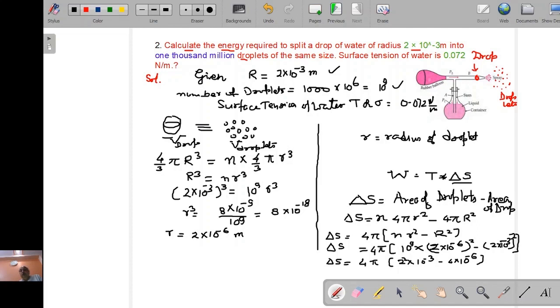Now we may take the value of 4 outside. So 4 fours are 16 pi, and 10 to the power minus 3 is also taken out. So it is 1 minus 10 to the power minus 3.